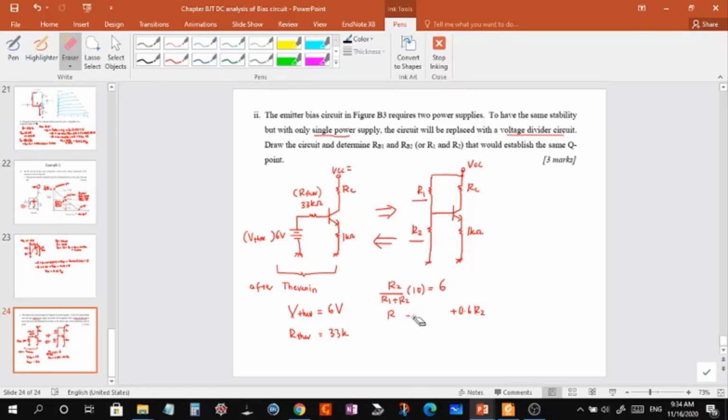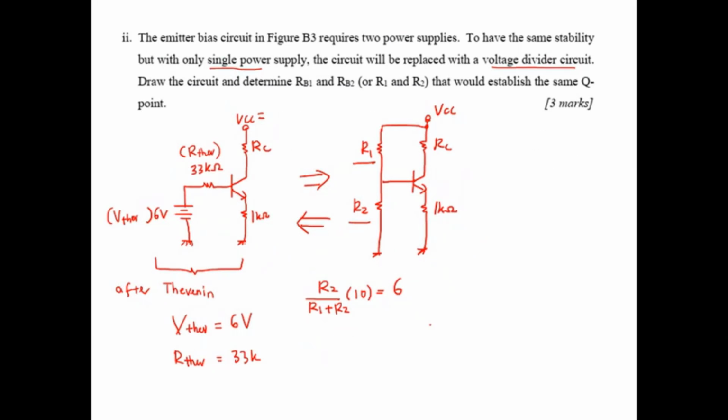Let's see the equation first. Another equation for the R Thevenin is R1 times R2 over R1 plus R2 is equal to 33 kilo ohm. This is equation number 2.